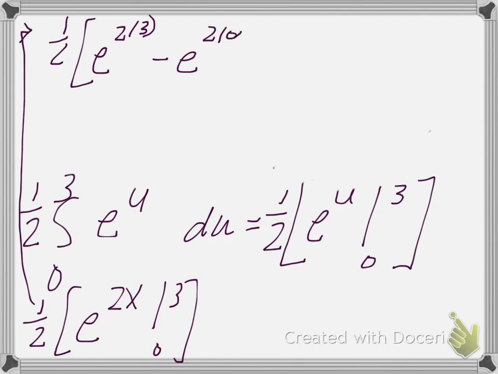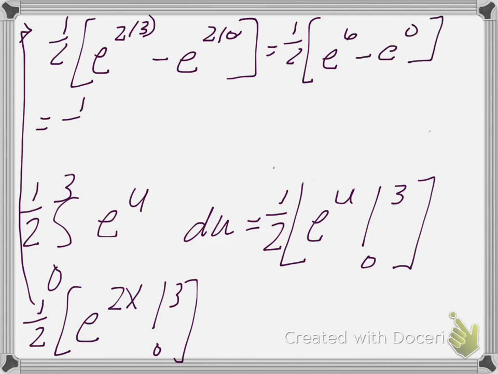Sorry about that. So I get 1/2 times e to the 6 minus e to the 0. But anything to the 0 power is 1. So this would be your answer.